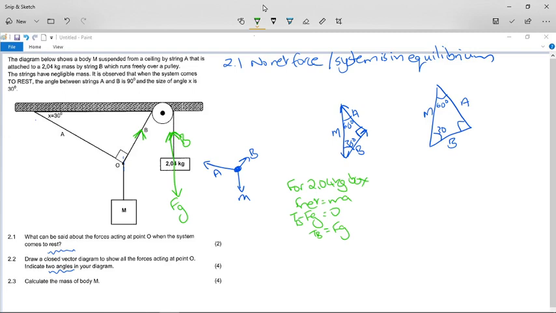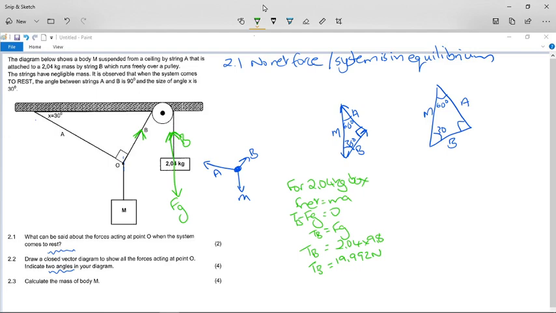Yes, it's a tension in string B. So the tension B is going to be 2,04 times 9.8, because FG is mg. And so the tension in B is 19,992 newtons. Okay, and I'm not going to round off because I've not finished my calculation. Don't round off until the last step.